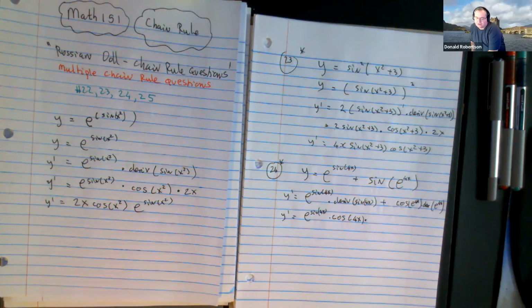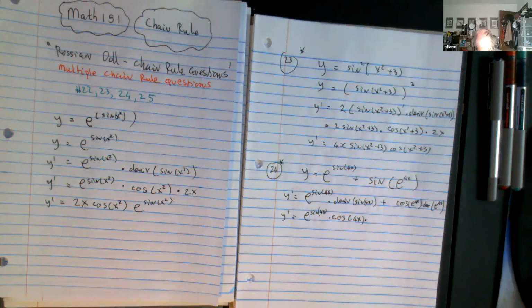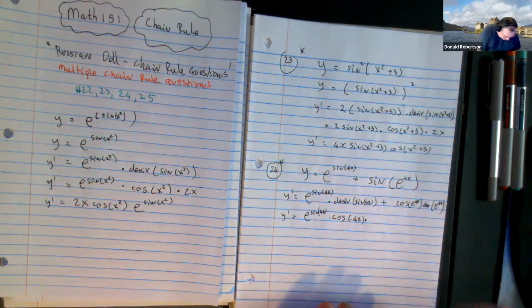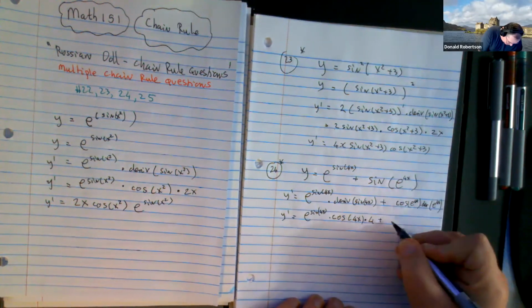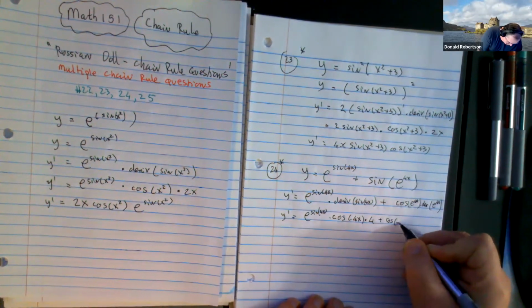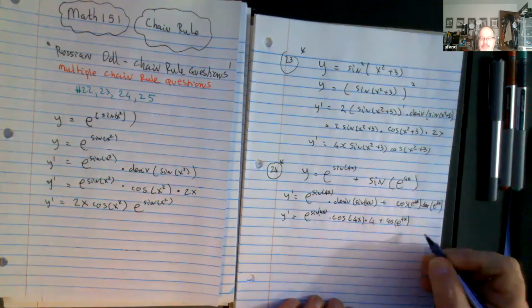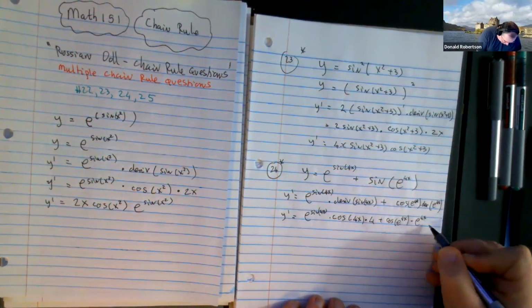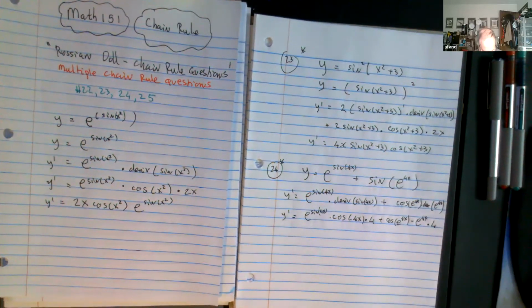The derivative of sine x is cosine of 4x times what? 4. Correct. The derivative of 4x is 4. And this guy is the cosine of e to the 4x, right? That's already done. The derivative of e to the 4x is e to the 4x also times a 4. Great.